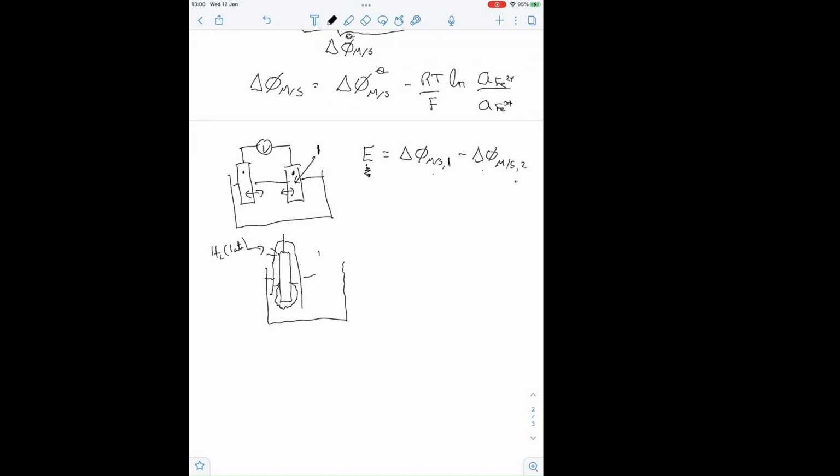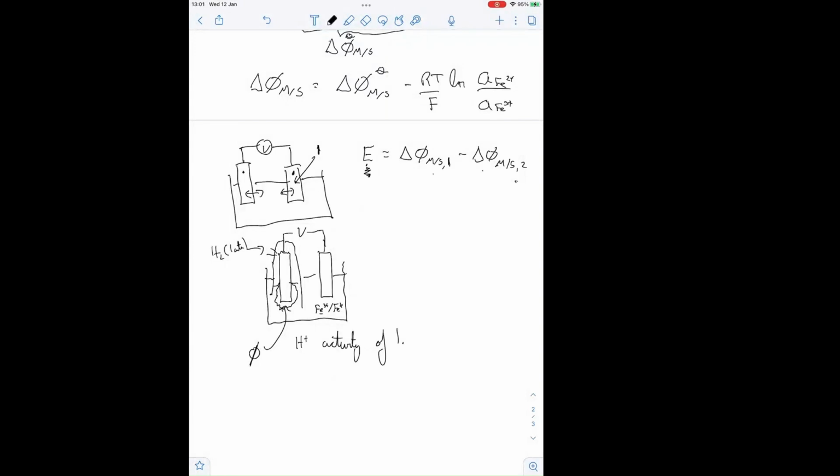And we have a second electrode, the electrode of interest. We have the redox couple of interest, so some Fe3+ and some Fe2+. And we bubble hydrogen in and we measure a voltage. And we say that the potential across this interface is 0, because we have the standard hydrogen electrode. So we have H+ at an activity of 1.